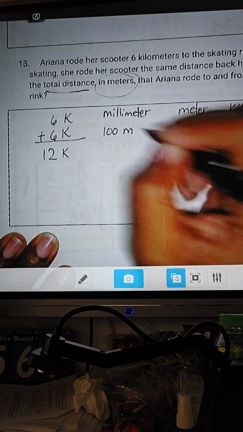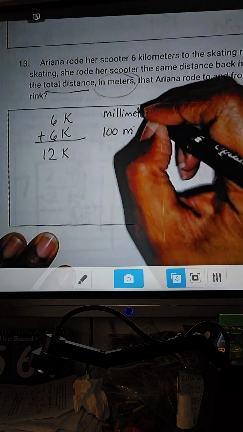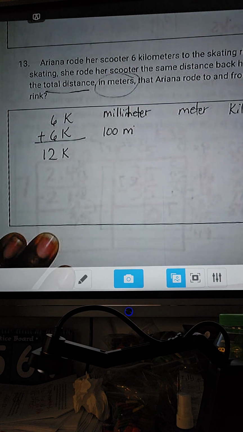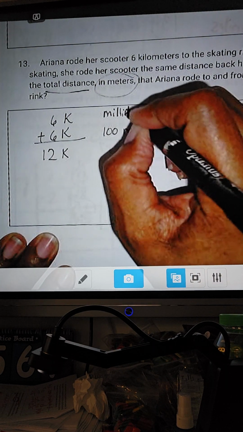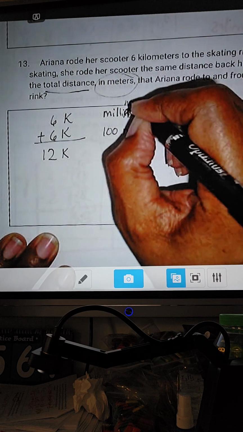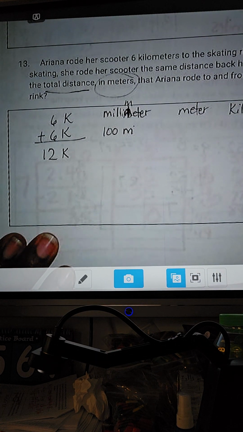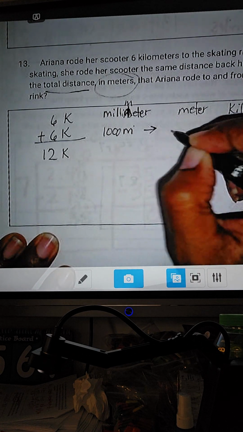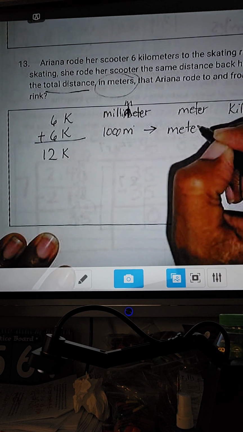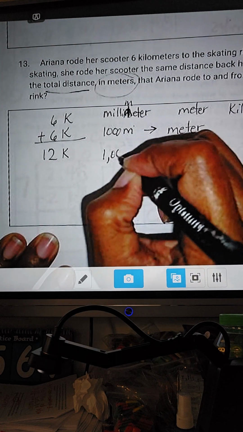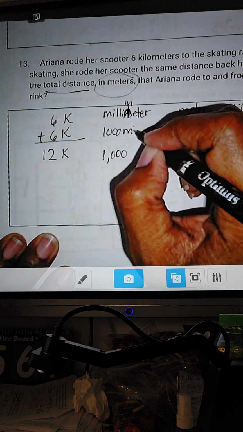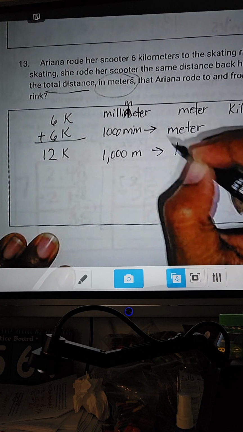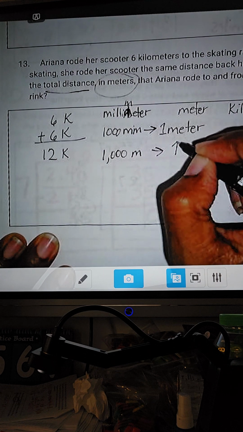So 1,000 millimeters equals 1 meter. Sorry, I got confused with milliliters, but this is distance. And then it takes 1,000 meters to equal 1 kilometer.